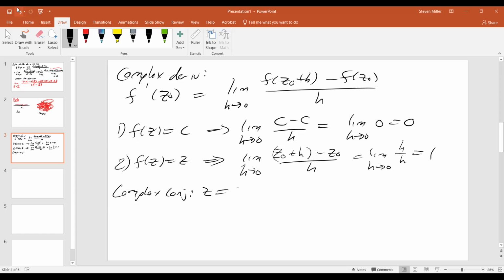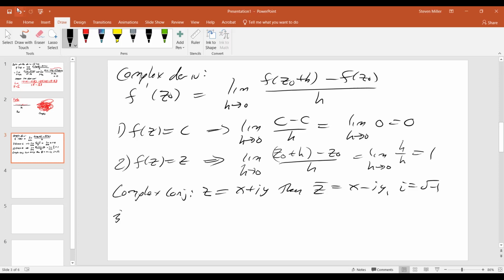So if z equals x plus iy, then z bar is x minus iy, where i is the square root of -1. And it turns out that this function is not complex differentiable.